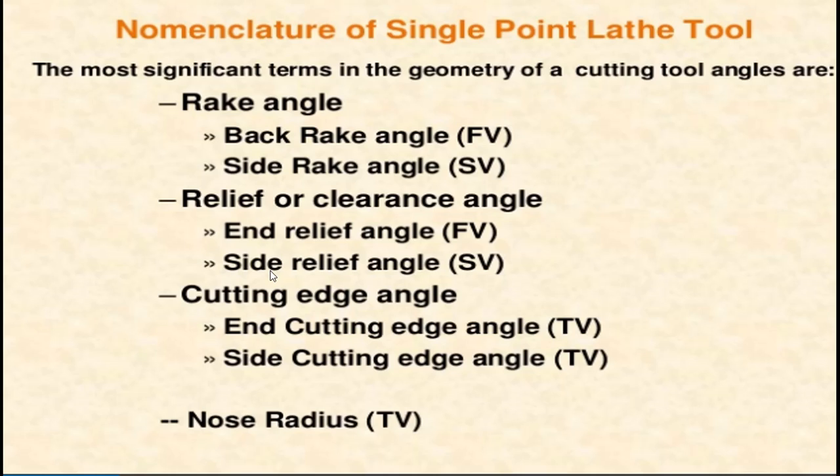In this slide, a small introduction is shown. There is the rake angle, which includes back rake angle and side rake angle. Second, we have the relief or clearance angle, which again has two types, end relief angle and side relief angle. Next is the cutting edge angle, again end cutting edge angle and side cutting edge angle. And last, the nose radius.